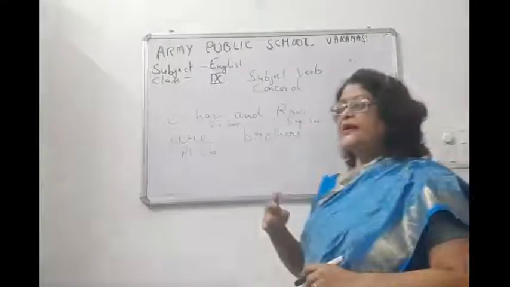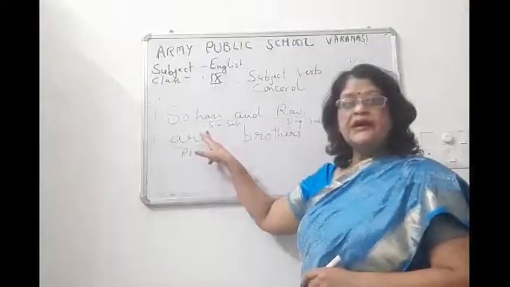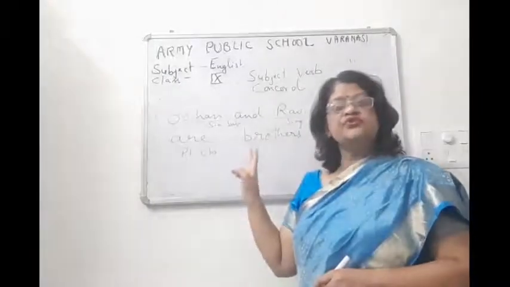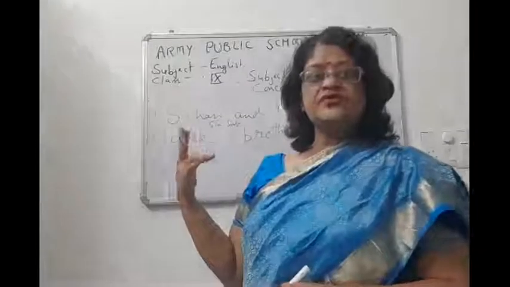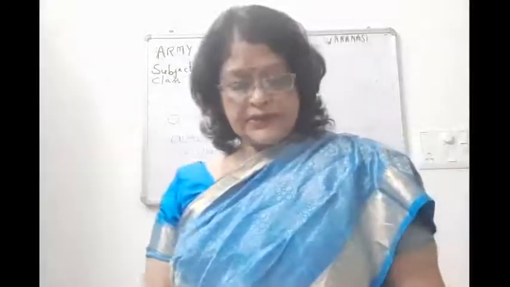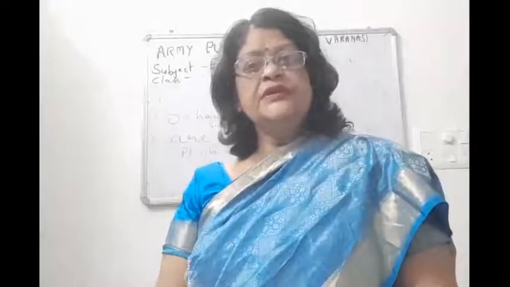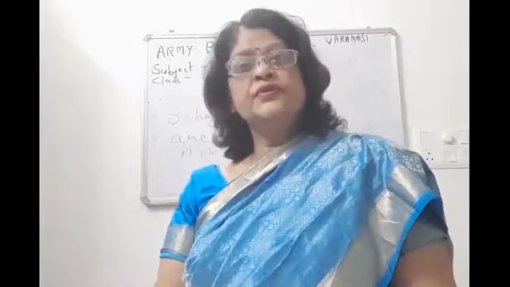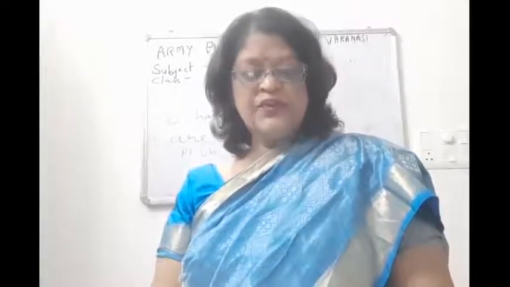So here, what are the two subjects? Sohan and Ravi. These are the two subjects. When two or more subjects are there, then the verb should be in plural.